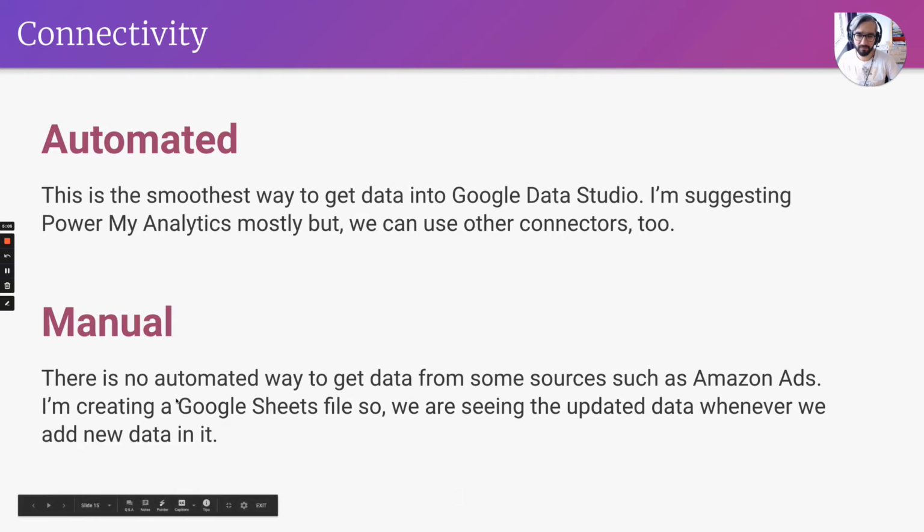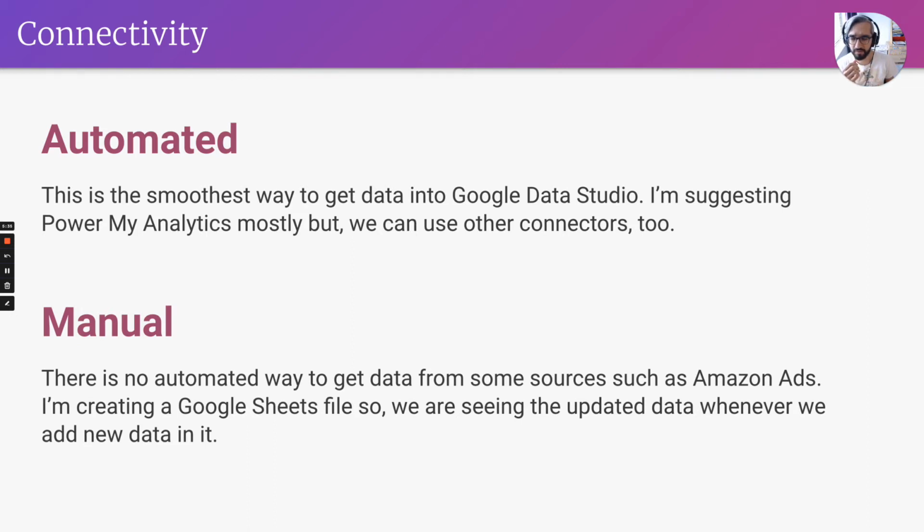So sometimes you do have to get the data manually. For example, if you want to focus on lifetime value on Shopify, then maybe we should get the data manually, because the Shopify API doesn't give this data.